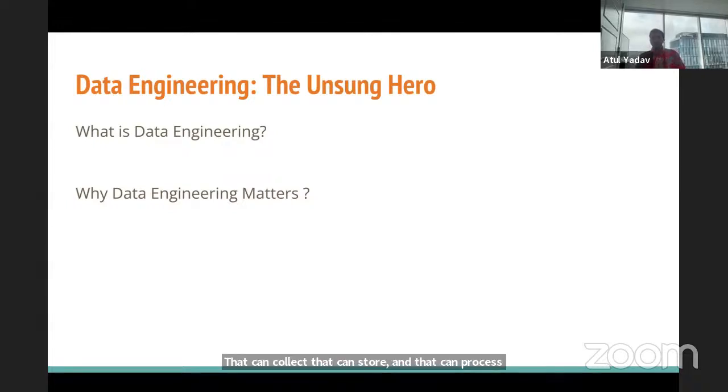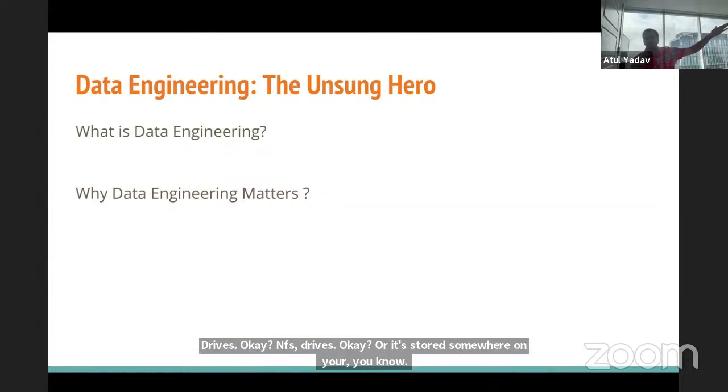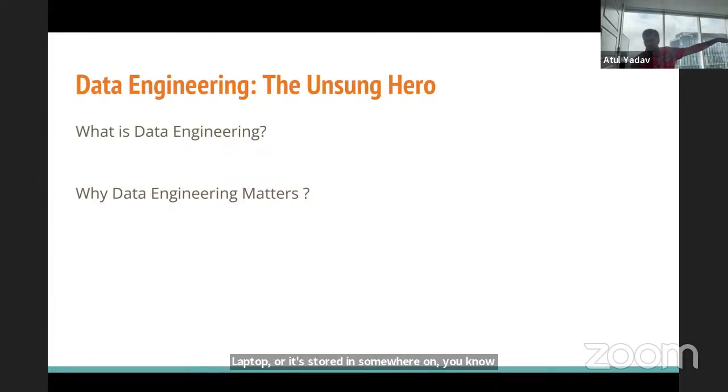For example, you have your data stored somewhere in your NFS drives, or on your laptop, or on a drive on a server, and you don't know what that data is, what its format is, whether it is structured or unstructured data, and so on.